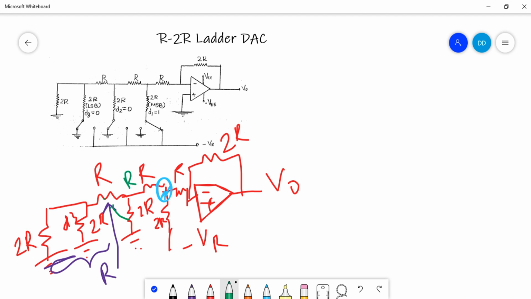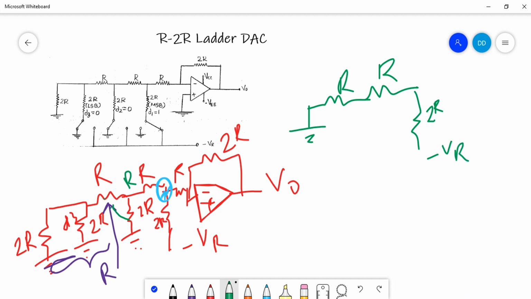So our circuit looks like this. R, this is R, we have 2R, this is minus VR, this is R, which is given to the op-amp negative terminal.